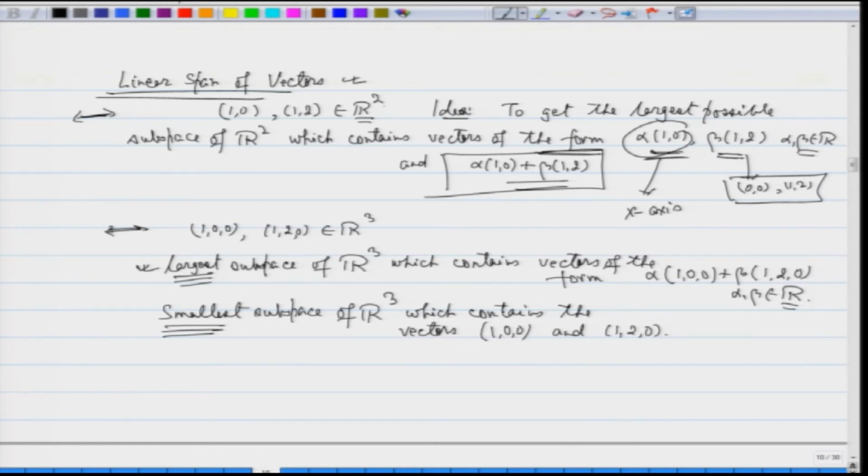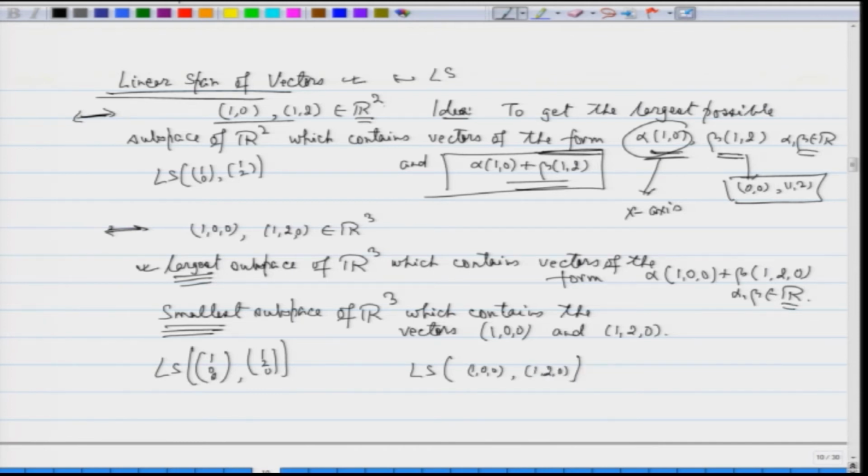What is called the linear span of a vector space? We write it with the notation LS. So here I am looking at LS of (1, 0), (1, 2), and here I am looking at LS of (1, 0, 0) and (1, 2, 0). Sometimes I may just write LS of (1, 0, 0), (1, 2, 0).